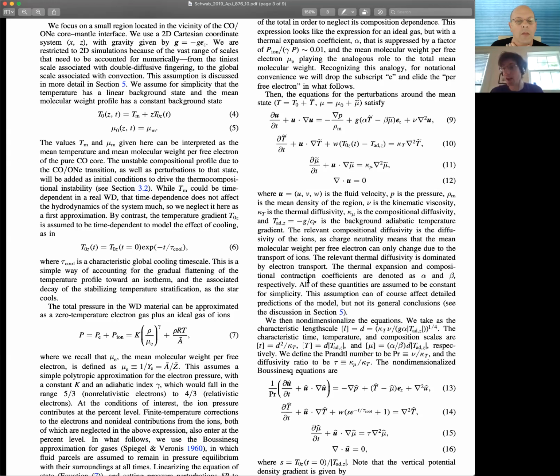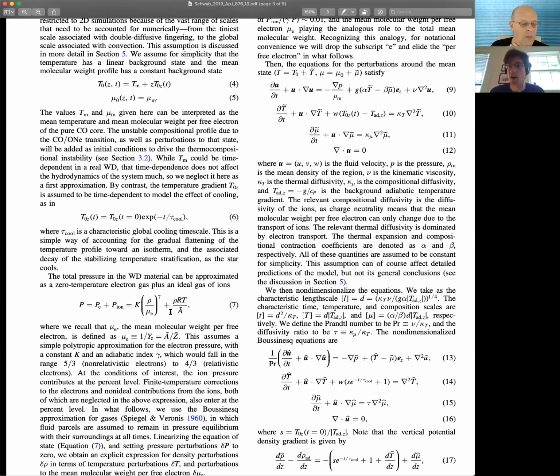But we're not really going to use, say, a stellar equation of state. We're going to use a simple equation of state that is approximately similar to the equation of state in the real white dwarf. Yeah, so we're looking at equation 7 where we're saying we have something that looks like an ideal gas of ions plus degenerate electrons that are providing the pressure support.